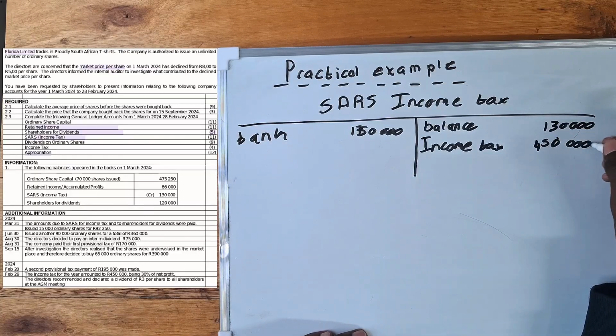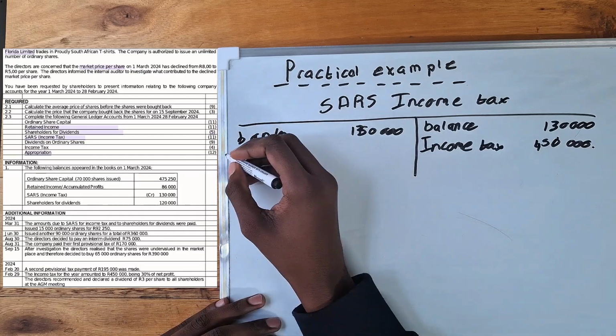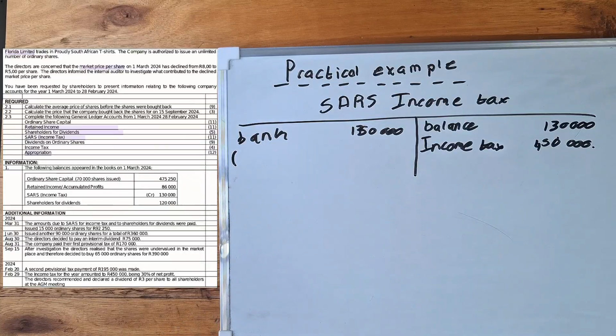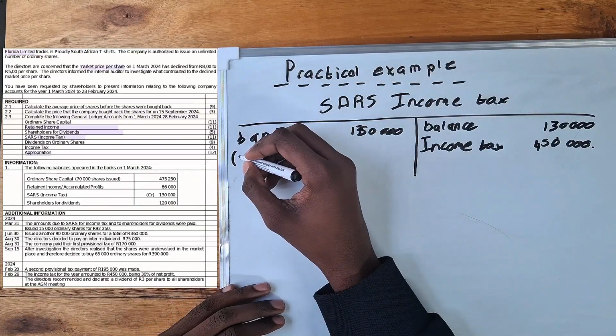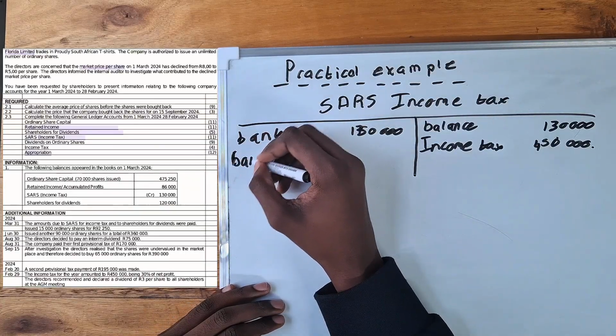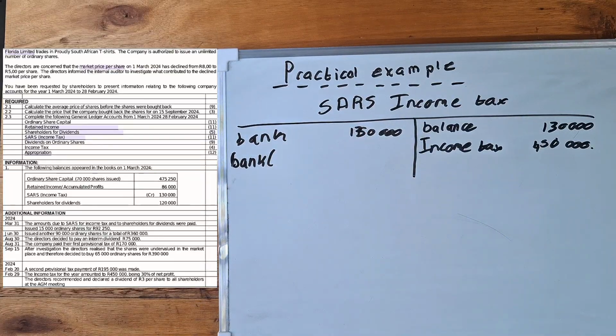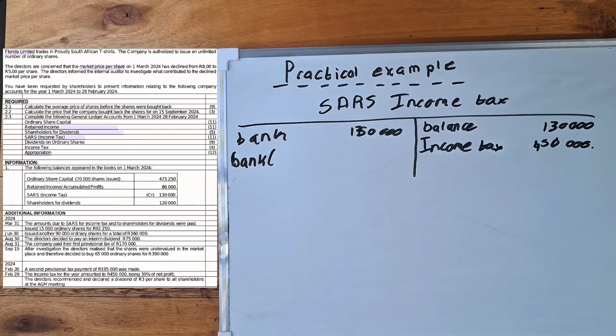Right? Just like that. And then on this side here, right? What you must just do is to add the provisional payments. So once again, you write bank, then you show your calculations, right? Make sure to show your calculations all the time. So here, the provisional payment, the first one was paid on the 31st of August, right?